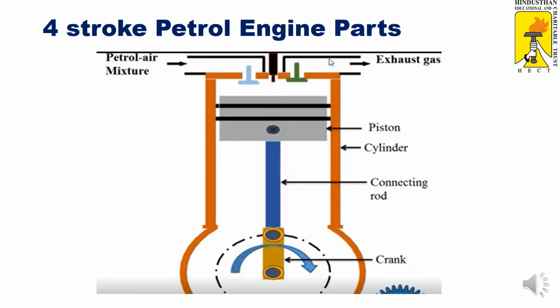At the bottom, the center one is the crankshaft, and the covered one is the casing. It is a petrol engine, so the petrol plus air mixture enters the cylinder through the inlet valve, and after combustion the gas is exposed to the atmosphere through the exhaust valve, right?